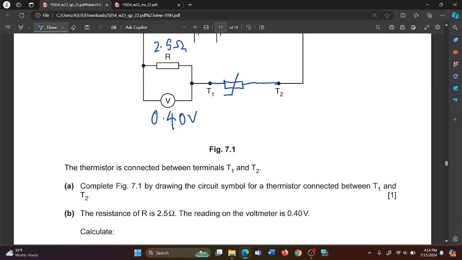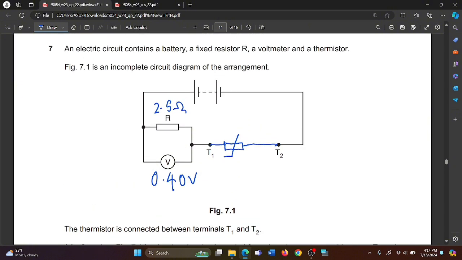The temperature of the thermistor increases, which means its resistance decreases. Always remember the resistance of a thermistor is inversely proportional to temperature. For a thermistor only, not for any other conductor.